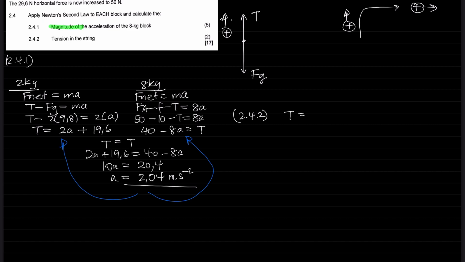T is equal to 2A plus 19.6. We've worked out A, so 2 times 2.04 plus 19.6. That means the tension is then equal to 23.68 newtons.